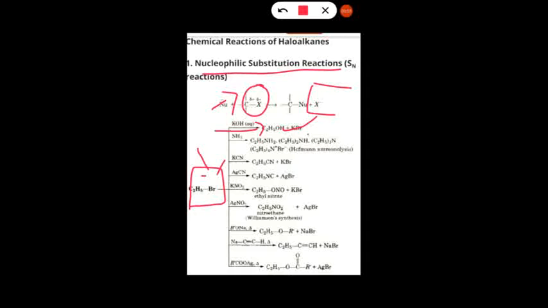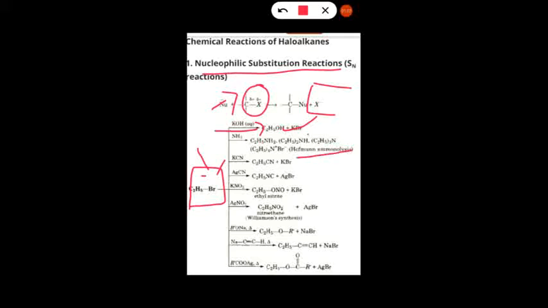The same ethyl bromide reacts with ammonia. In the case of ammonia, there is a formation of primary, secondary, tertiary and quaternary ammonium bromide. This is said to be Hofmann's ammonolysis.